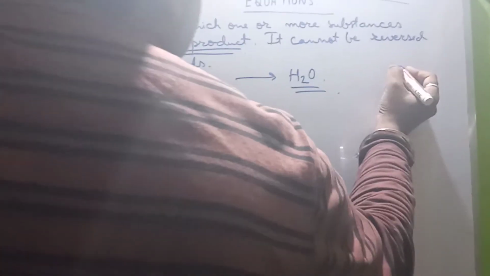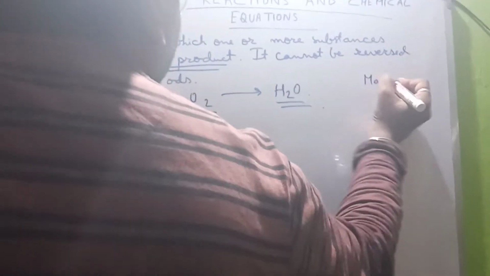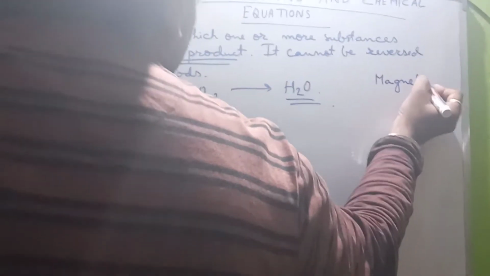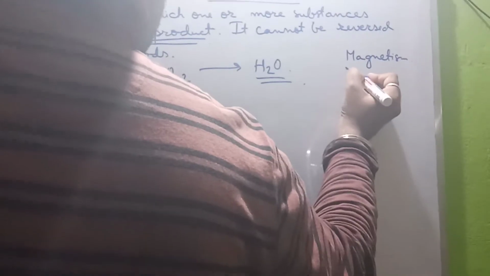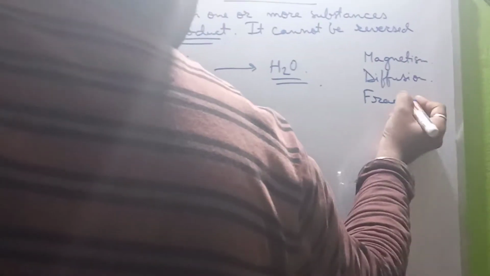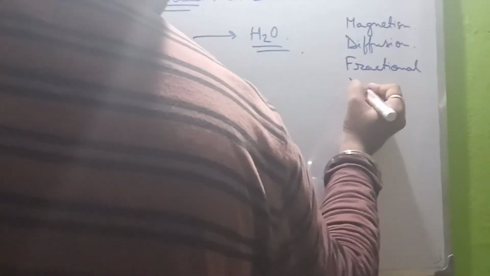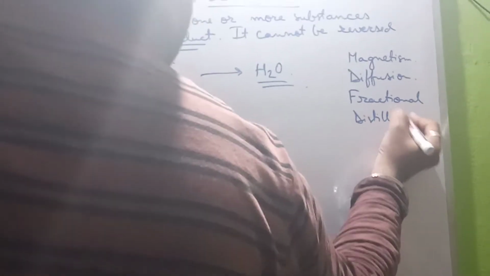There are a number of physical methods which we have studied in class 9: magnetism, diffusion, fractional distillation, crystallization.